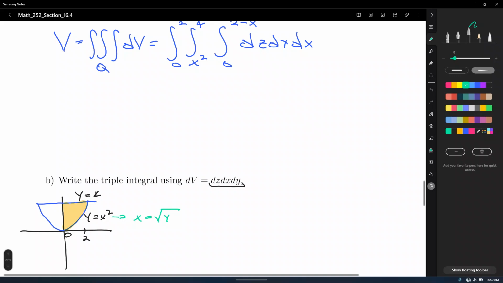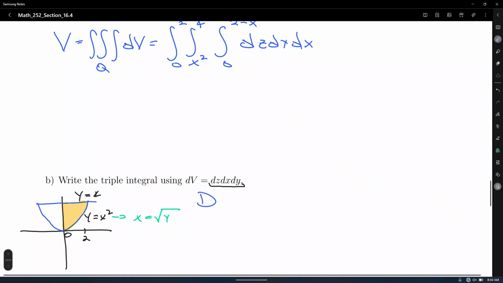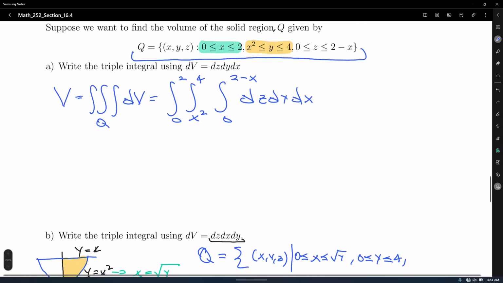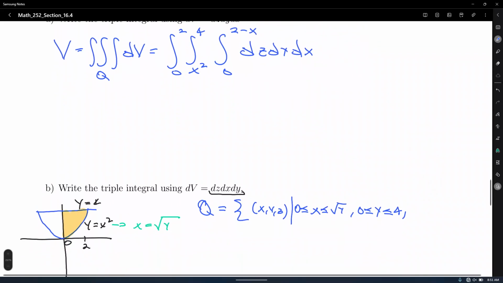So the new domain of integration, Q, equals all the ordered triples x, y, z such that x this time is varying between 0 and root of y, y is varying between 0 all the way up to 4, and lastly, for the z limit, there's no change. It's still the roof minus the floor given by this inequality here, that is 0 to 2 minus x. That doesn't change.